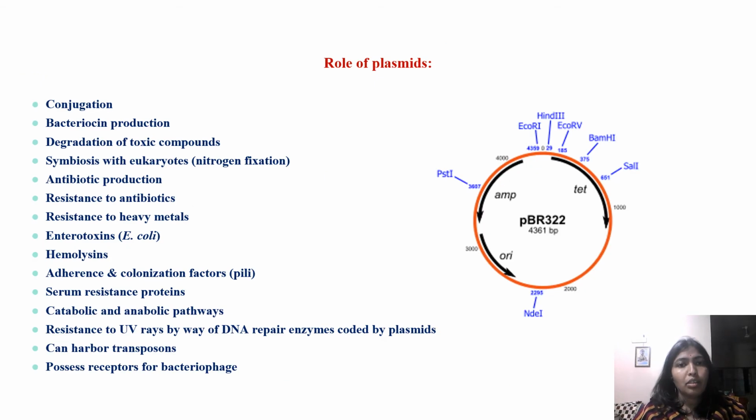And these are the roles of plasmids. One is conjugation, bacterial production.